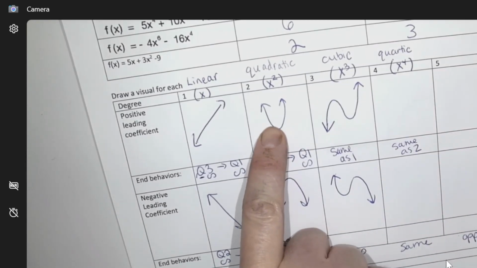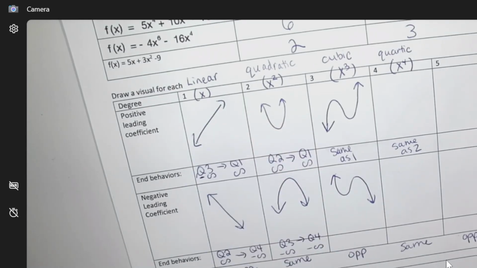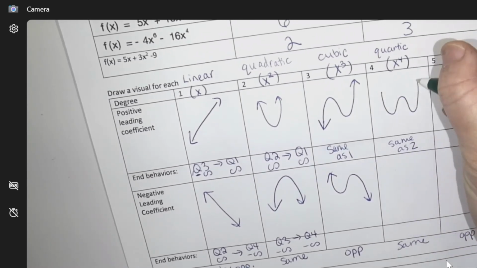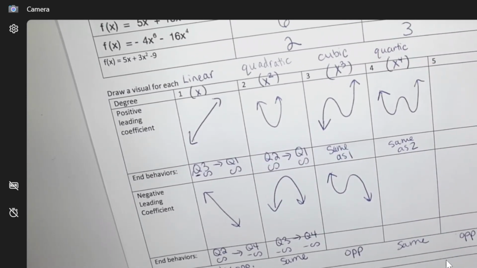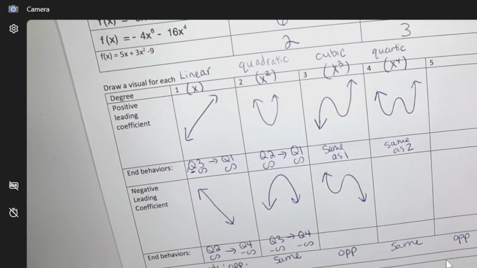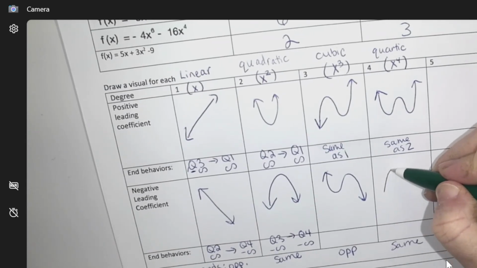So the arrows will need to be both up or both down. And this is also a letter of the alphabet. W, yeah. It's kind of like a parabola with an extra bump in it. So if it flips, what would it look like?